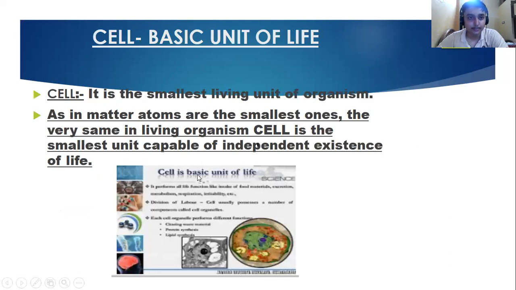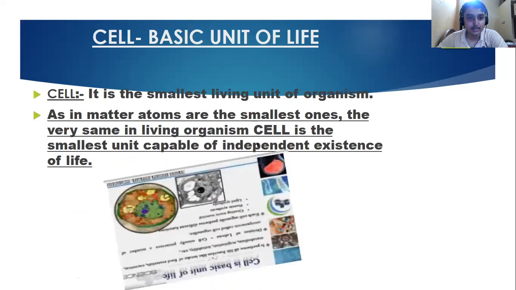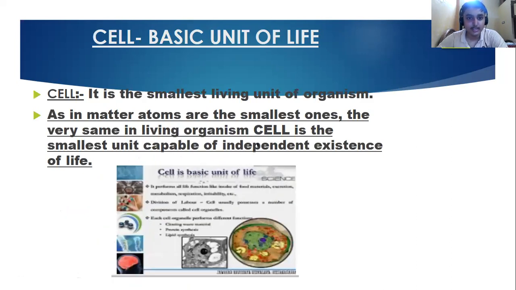So let's start. Cell. The cell is the basic unit of life. It is the smallest living unit of an organism. I am an organism, or you are an organism; every living thing around us is termed an organism. If you look at the smallest unit of my body, you can take an organ or a proper tissue, for example my hand.